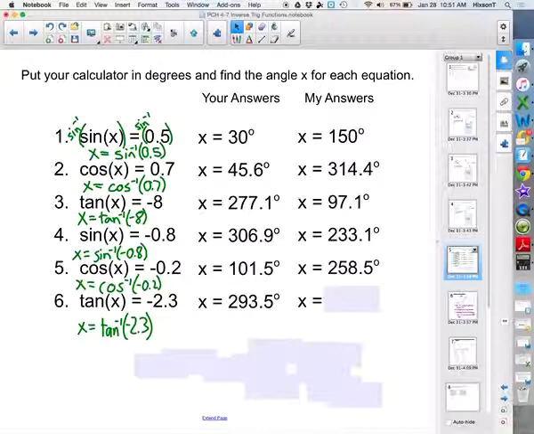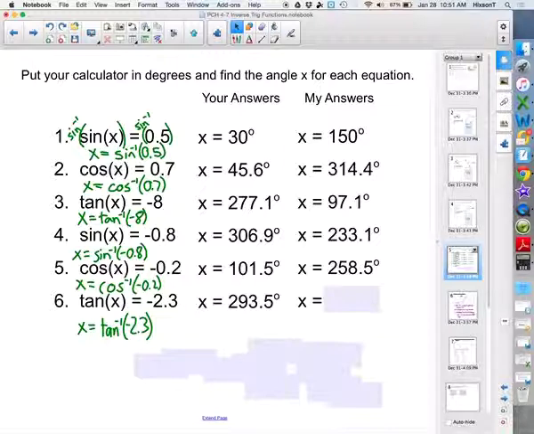So 390, if you do sine of 390, you're going to get a half. If you do sine of 390 plus 360, you're going to get a half. If you did sine of -330, you're going to get a half. Because they're all the same angle, they're coterminal. So that's one way we already have an infinite number of solutions.